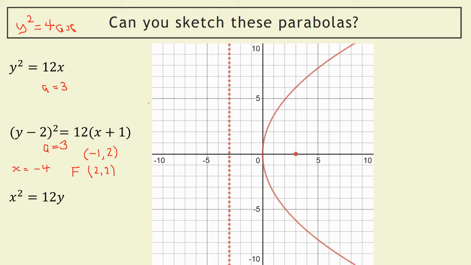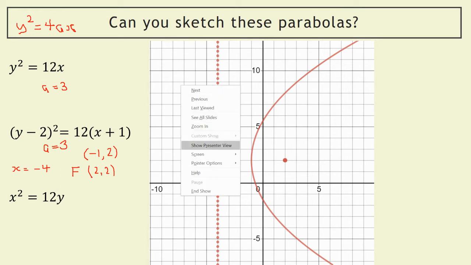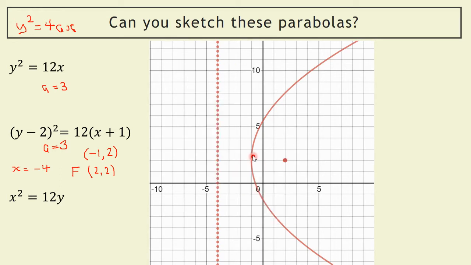You should have something like that for this one. Our vertex has moved to the point (minus 1, 2), our focus is now at (2, 2), 3 along from that vertex, and our directrix is 3 back that way, so it's x equals minus 4.